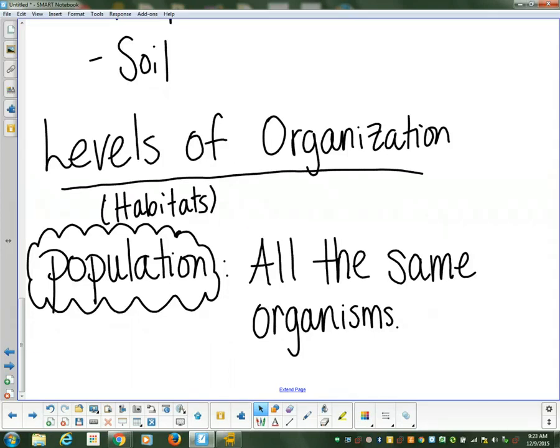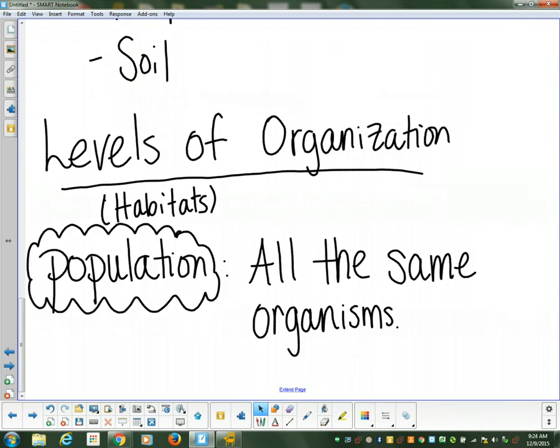They're not accounting for the number of dogs, cats, rabbits, squirrels. They are strictly focusing on all of the same organisms, all of the same living things, and those living things are human beings.